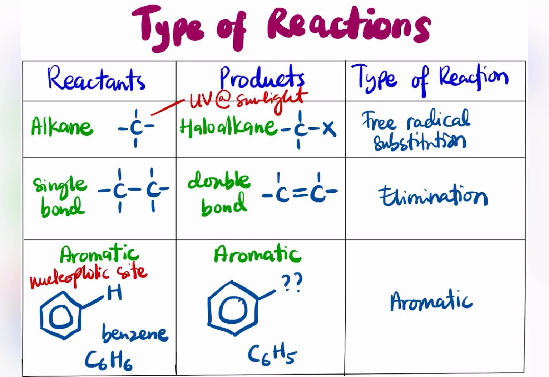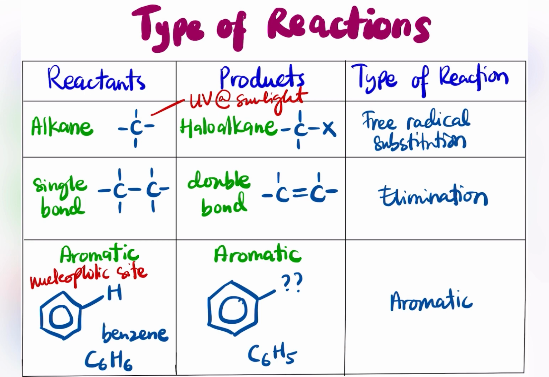So that's why I put a question mark here to replace any atoms that can replace the hydrogen atom here. Those atoms or groups can be NO2, nitro group, or can be a halogen such as fluorine or chlorine.